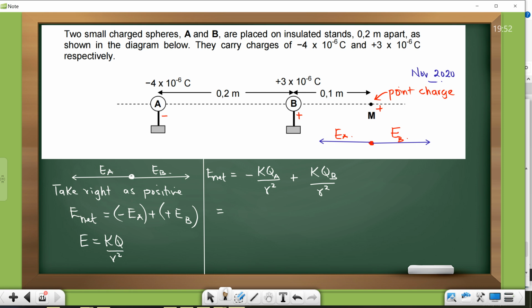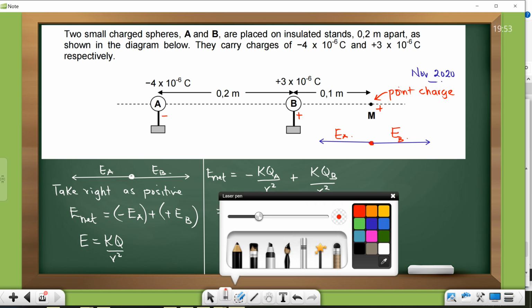Now it's simple. Negative 9 times 10 to the power 9. Don't worry about the sign of A anymore. When we substitute, we do not substitute with the signs. We just take the value. What do I have? 4 times 10 to the power negative 6 over, my good learners, please watch.